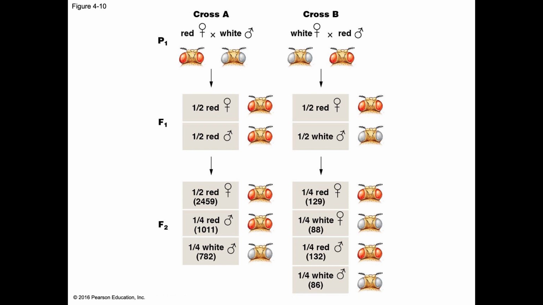And in this case, you now have 25% of your offspring are females with red eyes, 25% of your offspring are female with white eyes, 25% male, red, and then of course that final 25% male, white.